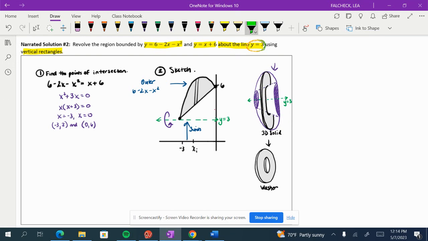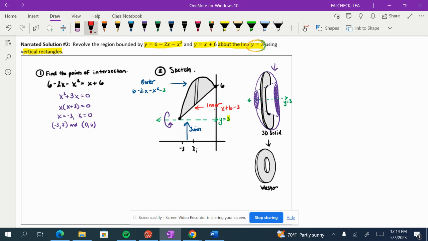Just like you see that we are revolving around the horizontal line y equals 3, we have to subtract that 3 at the end of our function to generate the outer radius. We're going to do the same for our inner function to generate the inner radius. So our inner function is x plus 6, but then we have to account for the fact that there is a space 3 units tall between the function and the axis of revolution. So we are going to subtract 3 from that too.